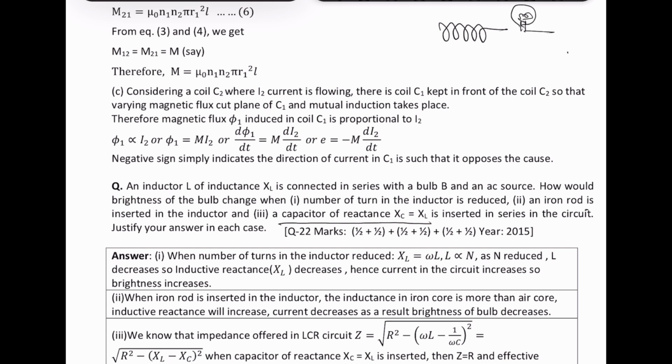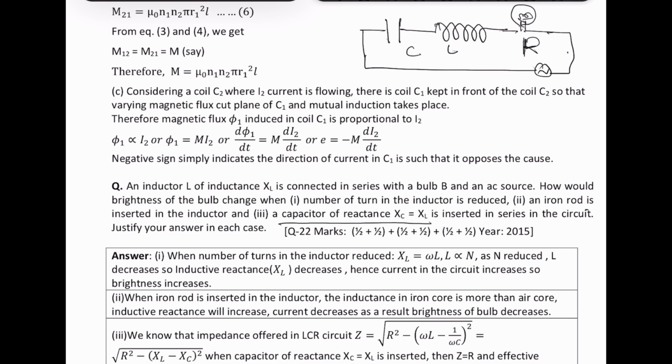In our electrical circuit, a bulb has ohmic resistance. Now we have introduced a capacitor here. So it is an LCR circuit. Now AC is connected. So what will happen?